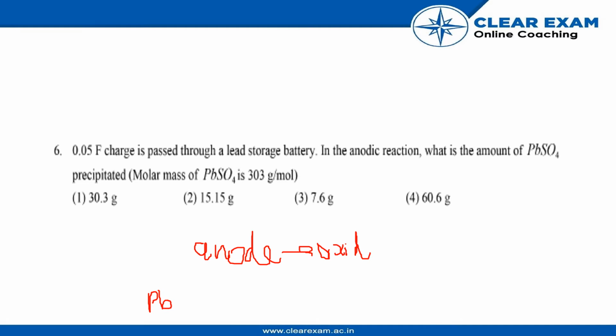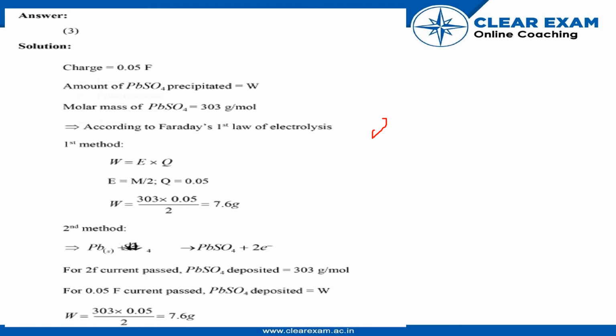Pb plus SO4 2 negative gives PbSO4 and releases 2 electrons. So as the 2 electrons are released, we get 2 Faraday of charge.